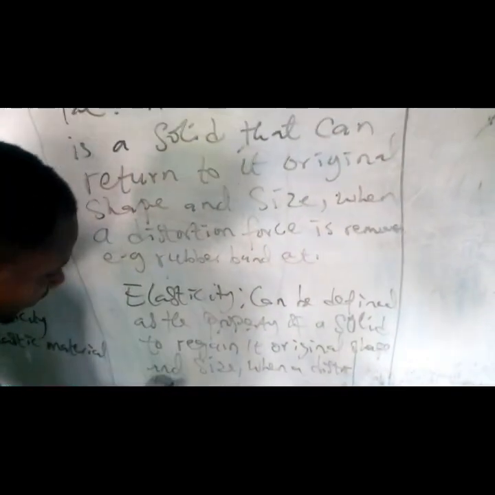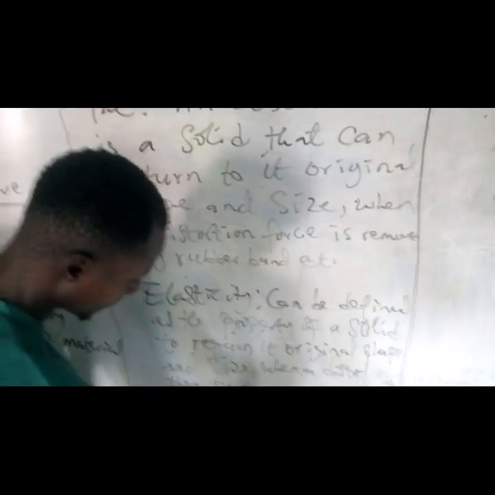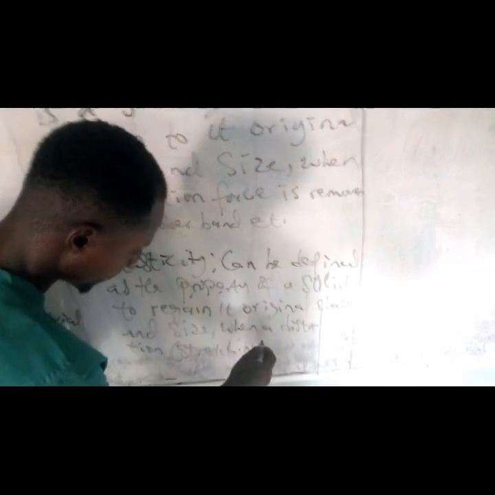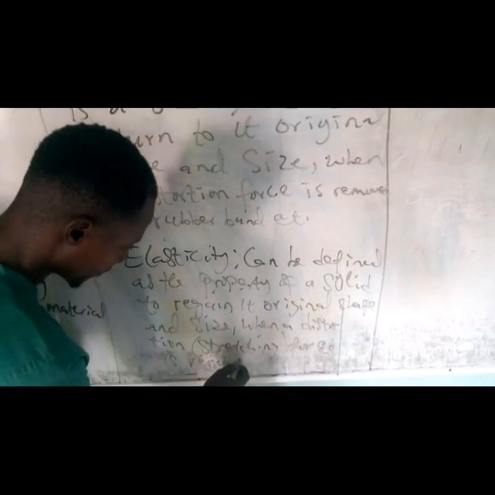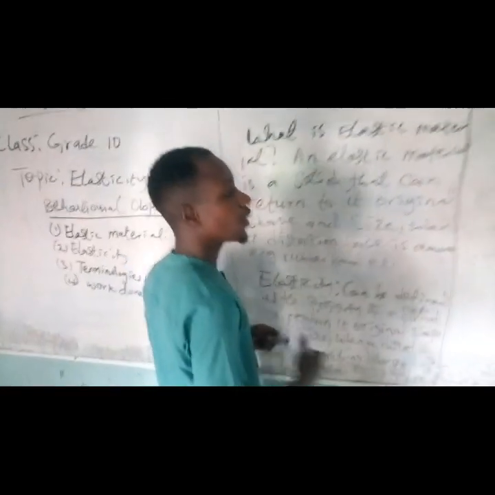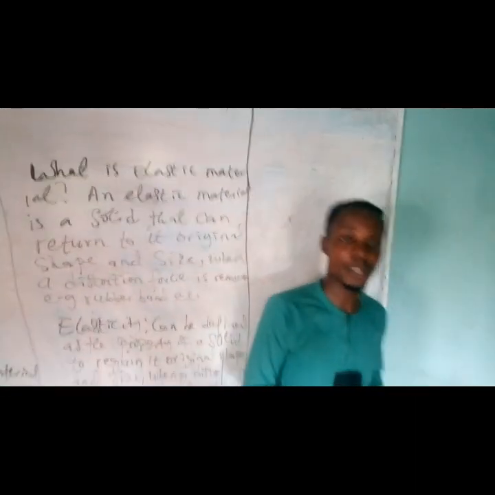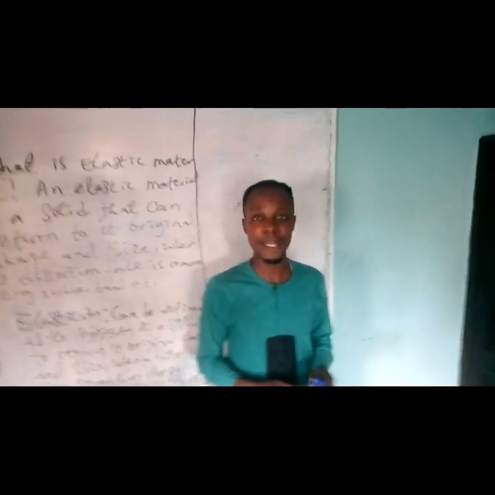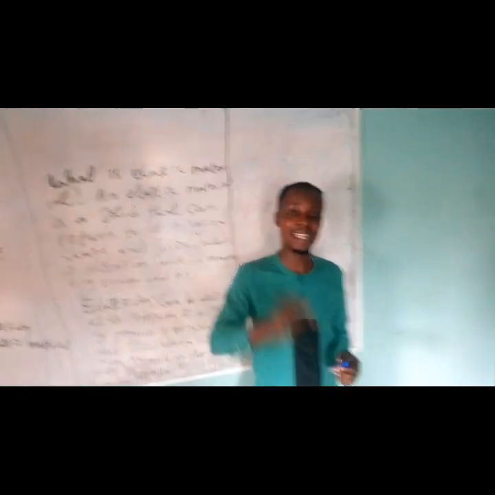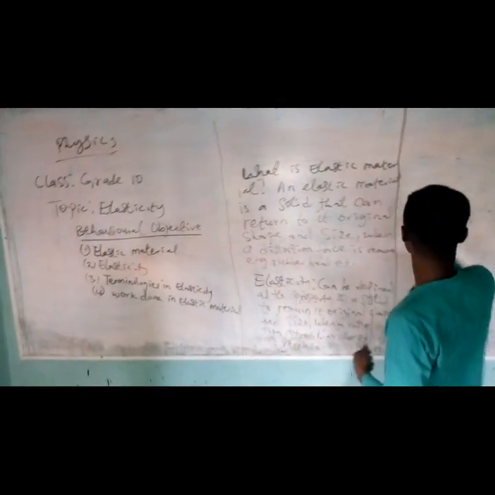So students, when you hear the word distortion, it can also be called stretching. Stretching force is removed. So when you distort a material and then remove that distortion, and that solid material is able to regain its original shape and size, you know that solid material is an elastic material. So let's go to the next one, terminologies.